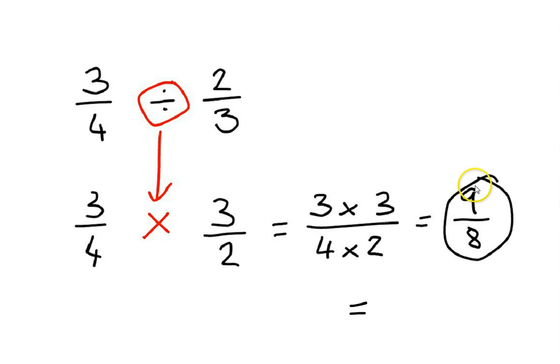So in 9 there is one whole lot of 8, so that becomes 1, and then we've got 1/8 left over. So when we divide fractions, 3/4 divided by 2/3, we flip the second fraction upside down and we turn the divide into a multiply. So the answer to 3/4 divided by 2/3 is in fact 1 1/8.